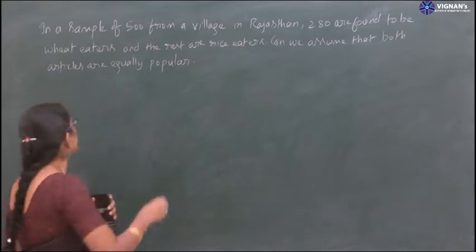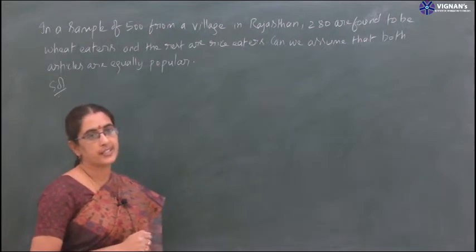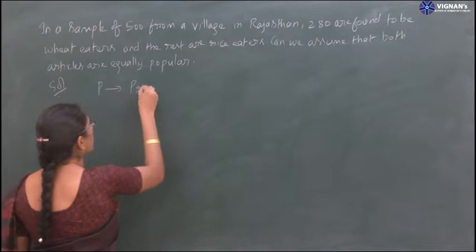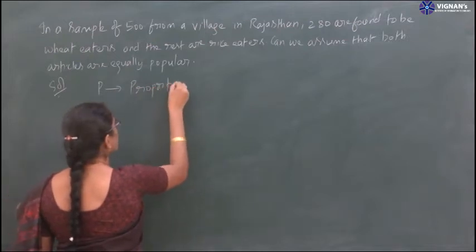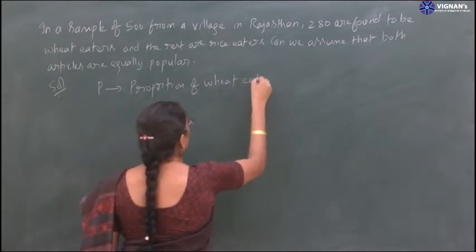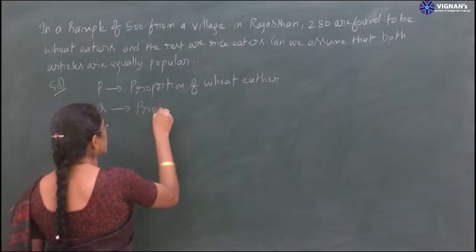Right? So first we have to define the two proportions here, the two attributes. If P represents the proportion of wheat eaters, then obviously Q must represent the proportion of rice eaters.